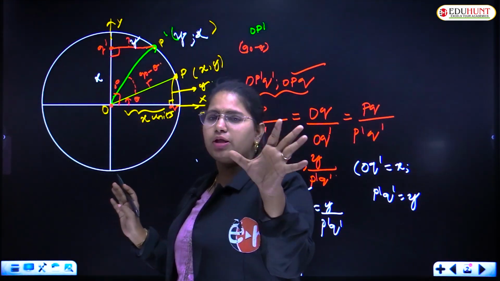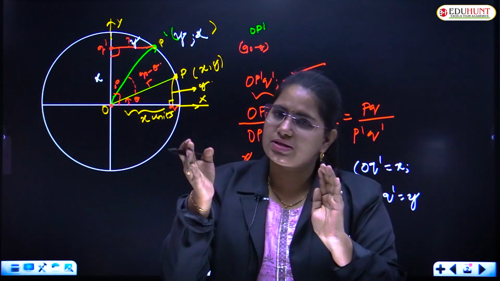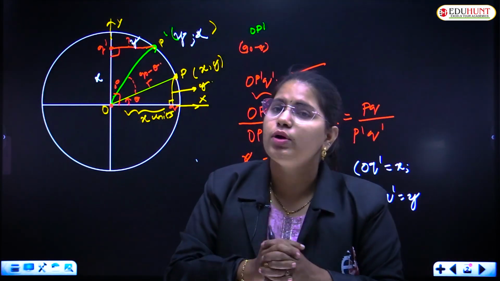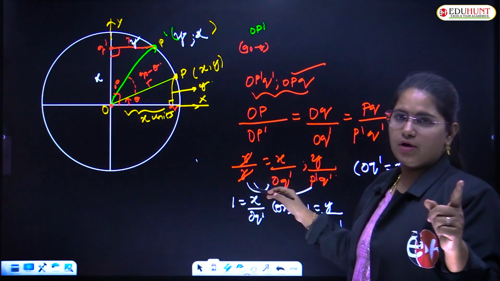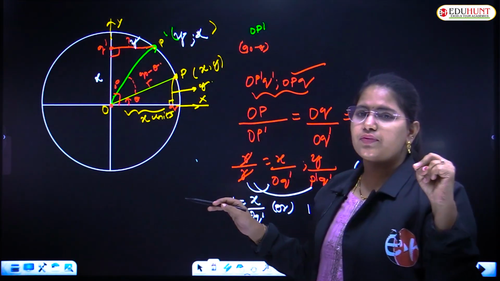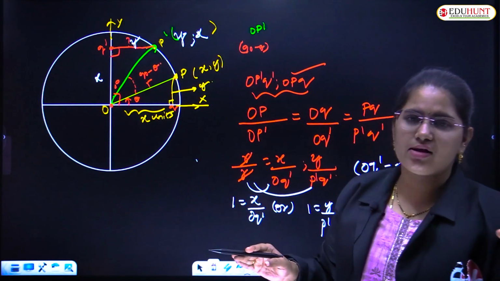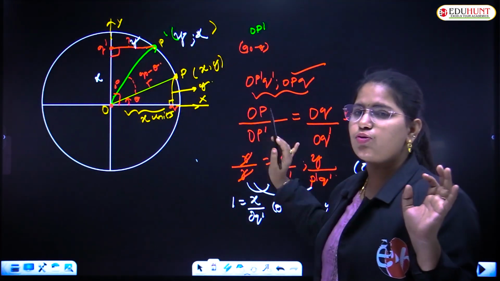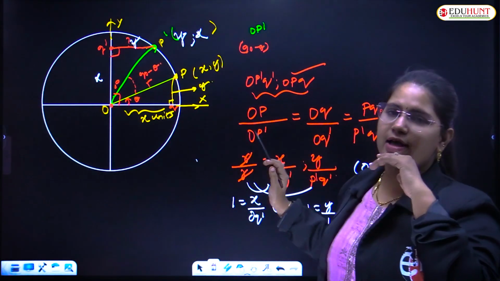Right, children? Simple. First, I have taken a normal point P, which is represented as X comma Y, and P dash is now becoming Y comma X. How is it becoming Y comma X? That derivation I have proved here. I have taken two triangles, OPQ and OP dash Q dash. By the similarity and congruency properties of triangles, OP and OP dash are both radii, so they are equal, OQ is equal to OQ dash and PQ is equal to P dash Q dash.